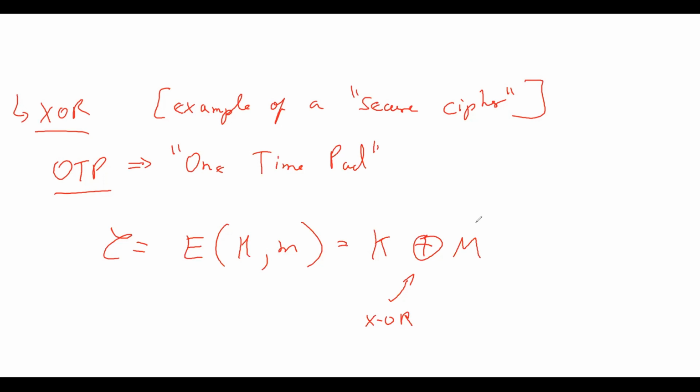And then we know that the key is also a sequence of bits. But as it turns out, the OTP has an additional definition. And that is that the key needs to be random. Notice these words because they're very heavy, very important.